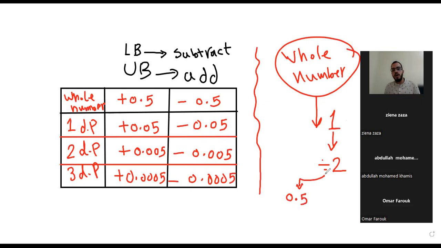Then one time you add 0.5, you get the upper bound, and you subtract 0.5, you get the lower bound. Please, if you finish writing, press 1.